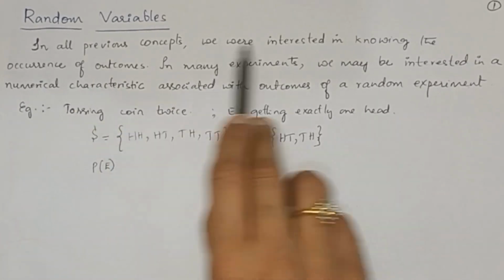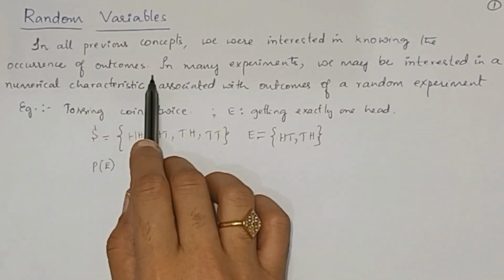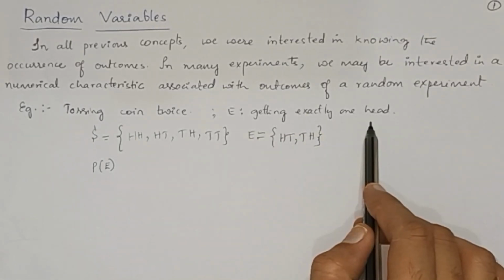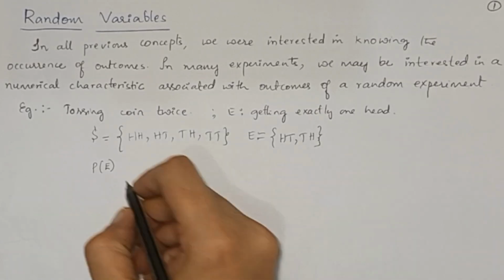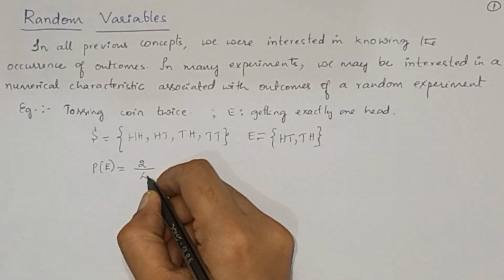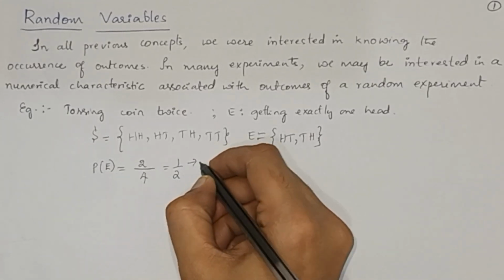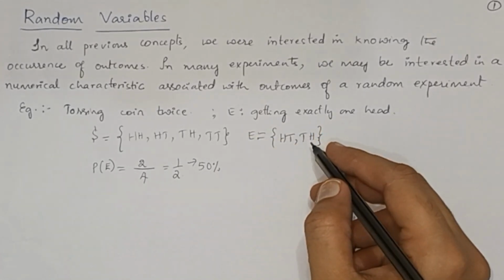That means here we are interested in knowing which outcome will occur to say that this event has occurred. So the probability of E is two favorable outcomes divided by 4, which is nothing but 1 by 2. There is a 50% chance of occurrence of this event E.